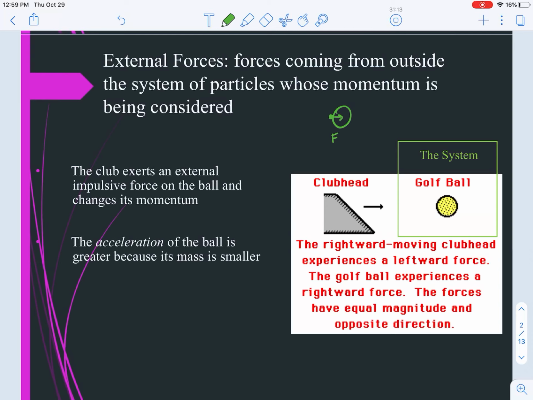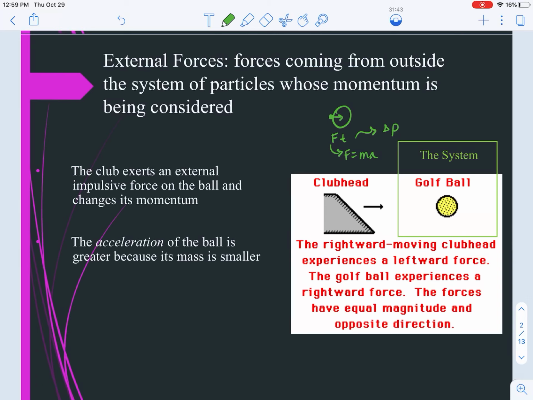So let's say this is the location that the club hit it. It received a force for some amount of time. That force is responsible for creating an acceleration, which means that the object's velocity changed. So as a result of that impulse or that impact force, my golf ball is going to experience a change in its momentum. Now, this is what happens with external forces.